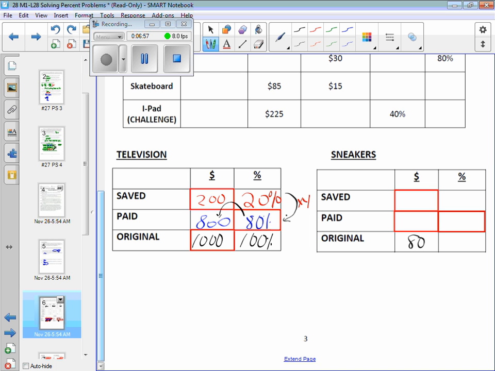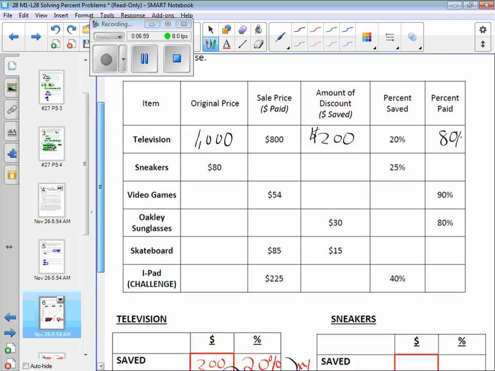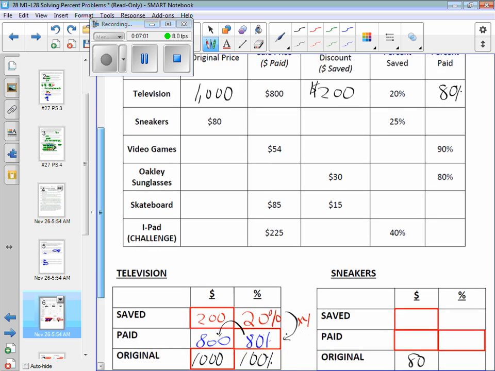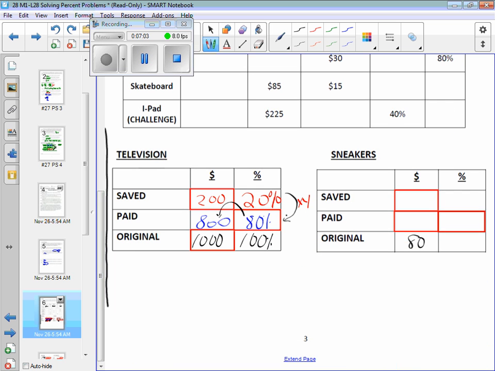Okay, what else did they give you? Percent saved is 25. Jack, where does it go? Good. You've got everything that you need. What always goes here? Therefore, what's here? Where can you connect?